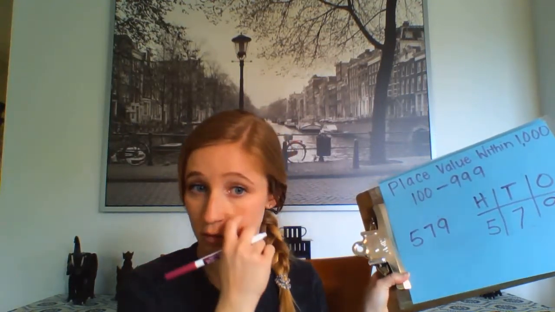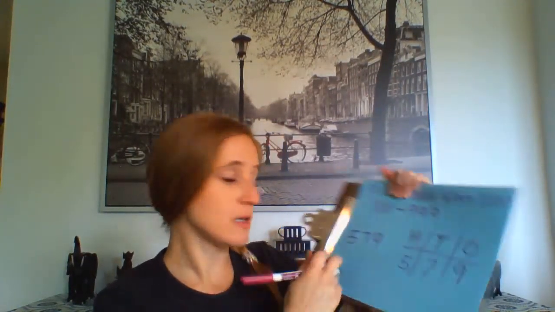If you said there are 9 ones or the number 9 digit should be in the ones place, you are absolutely right. Okay. One other way that we can represent place value when we're talking about big numbers like this is by drawing it. You might remember that from class, so I'm going to use this same number. We use the big hundreds cubes, the 10 sticks, and the little ones cubes to draw a big number like this. So if I'm going to draw 579, I'm going to draw 5 big hundreds. 1, 2, 3, 4.